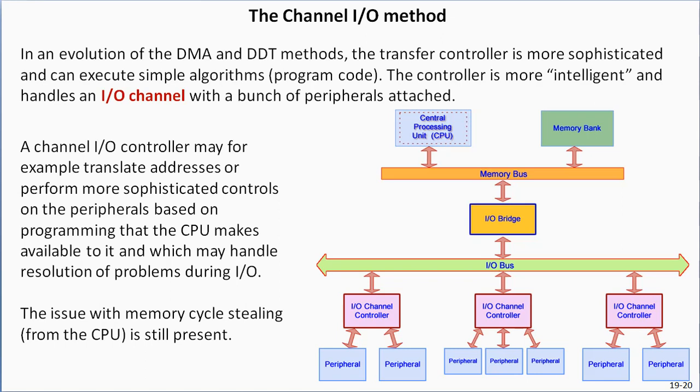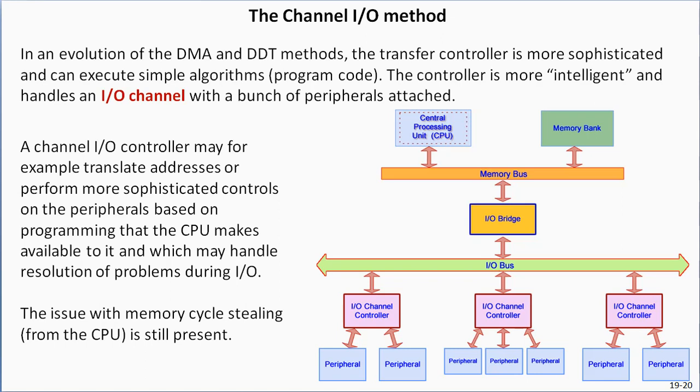It may, for example, translate addresses or perform more sophisticated controls on the peripherals based on programming that the CPU makes available to it and which may handle resolution of problems during I/O. In the case of DMA or DDT, problems with I/O are passed back to the CPU for resolution.